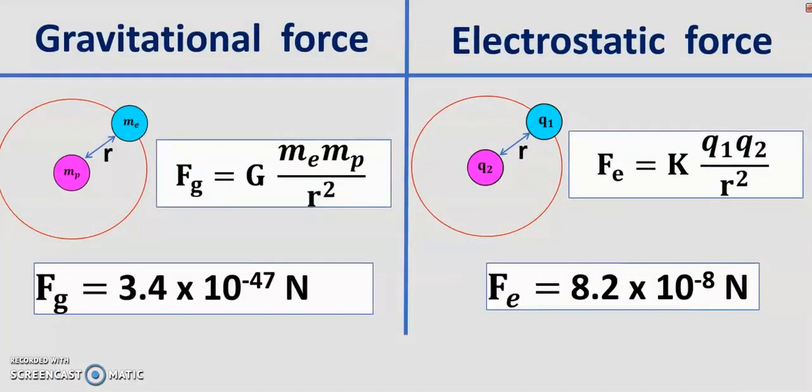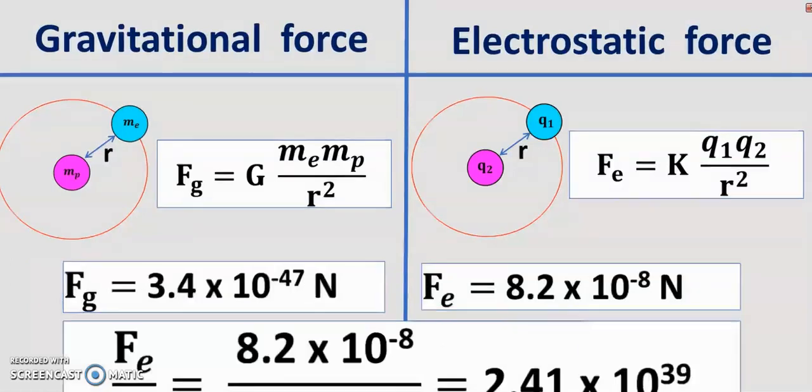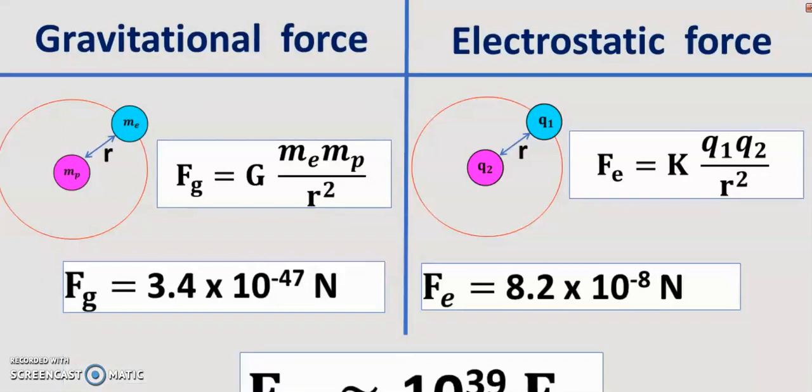The ratio between these two forces, that is Fe and Fg, 8.2 divided by 3.4, is equal to 2.4 into 10 to the power of 39. Therefore, Fe is approximately equal to 10 to the power of 39 times Fg, which is the gravitational force.